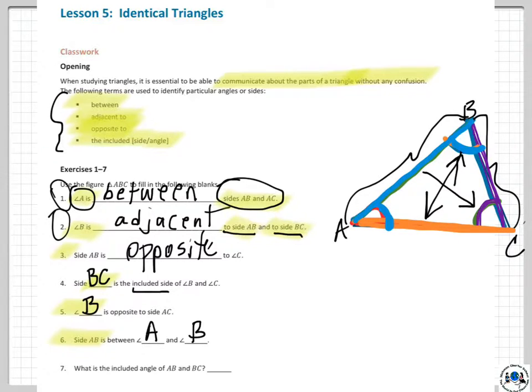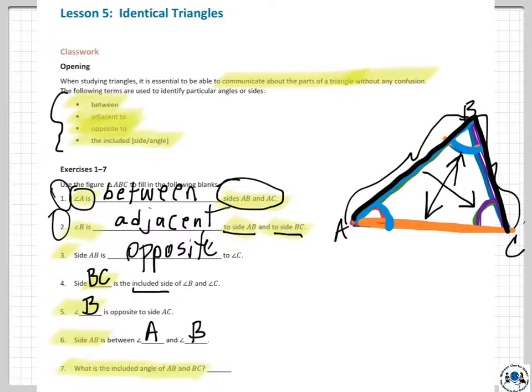Number 7 here. What is the included angle of side AB and BC? Okay, side AB and side BC. So let's look at those two. So we have AB and BC.